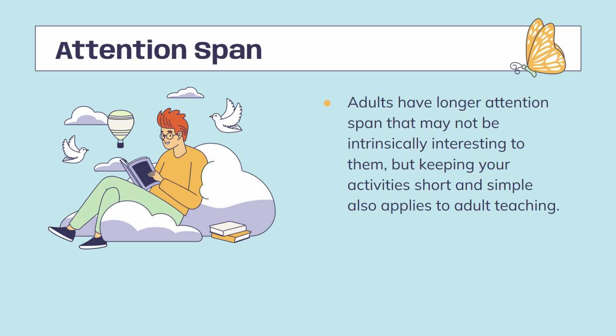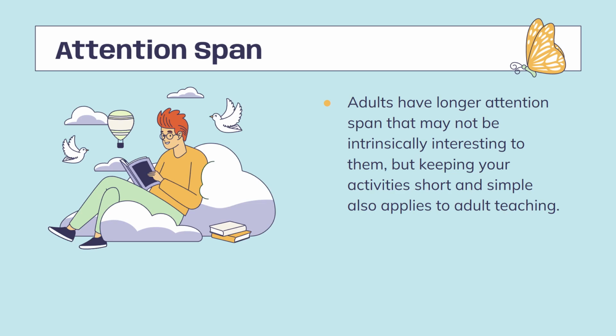For the second point for teaching adults, even though adults usually have longer attention spans because of their maturity, it is still better to keep activities short and simple. Long tasks can make learners lose interest or feel tired, especially if the topic is not exciting to them.